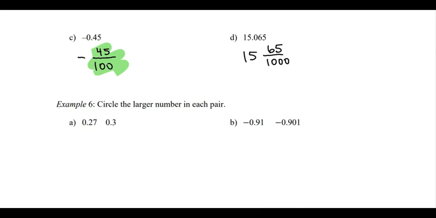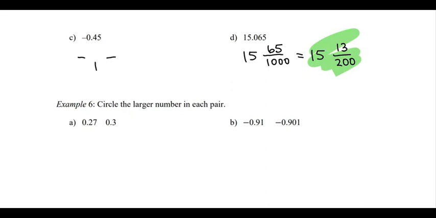Always with the fraction part, we always need to reduce it to lowest terms. Here 5 goes into 65 and 1,000, so you have 15. 5 goes into 65 13 times, and 200 into 1,000. So that is our final answer. We're also going to double check our answer too.